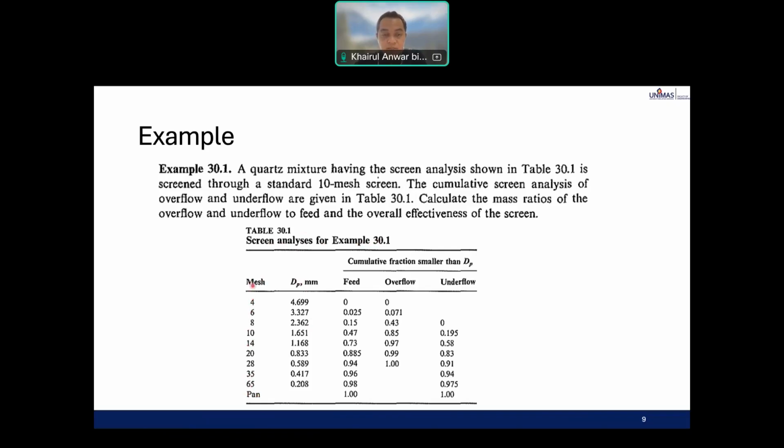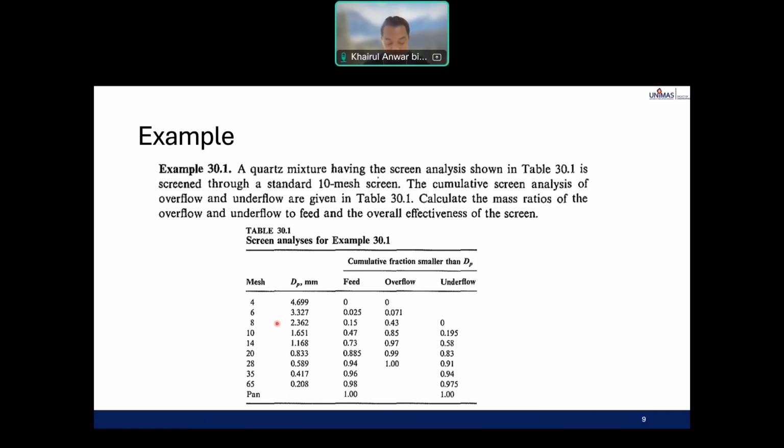So this is the DP. It's a cut off size for the mesh. Yes, so DP refers to cut diameter.